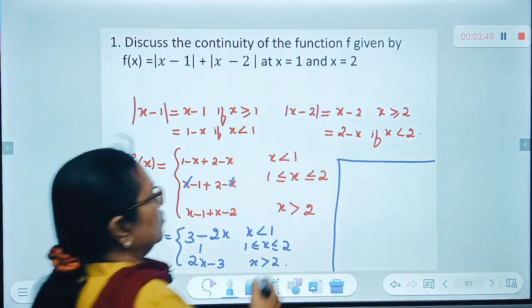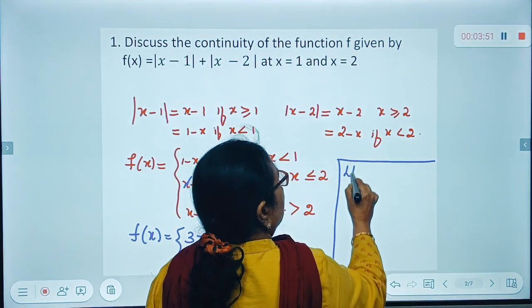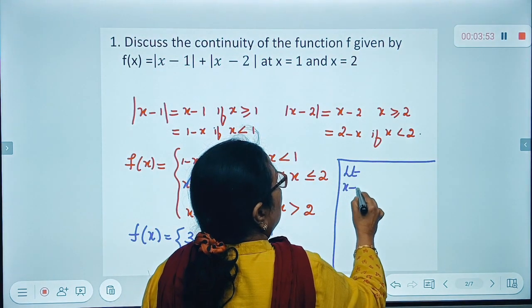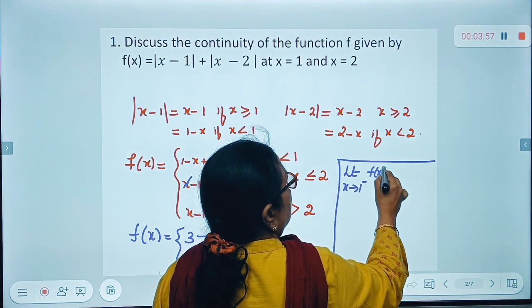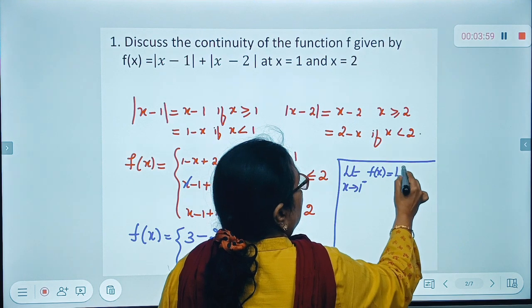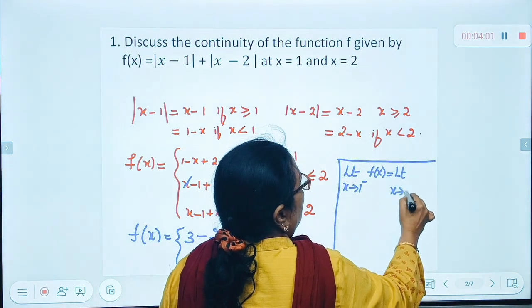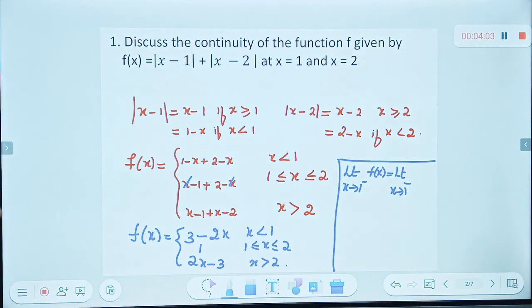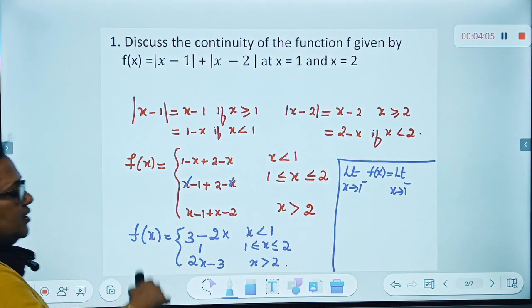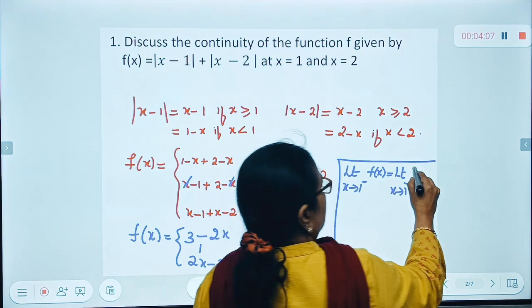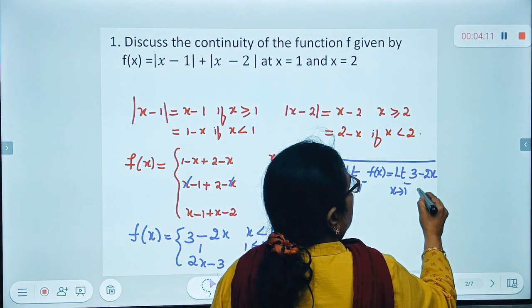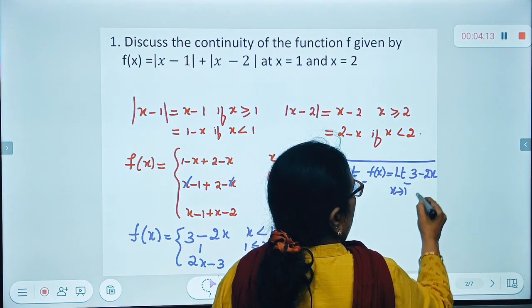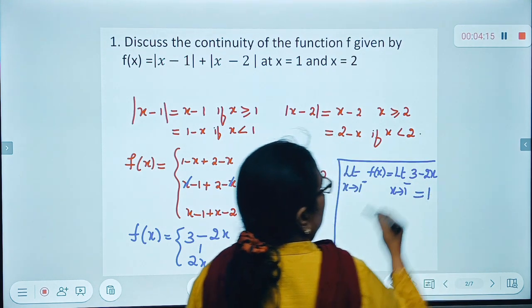So if I look at limit x tending to 1 minus of f of x, when x is less than 1, what is the function? 3 minus 2x. When I put x as 1, I will get it as 1.